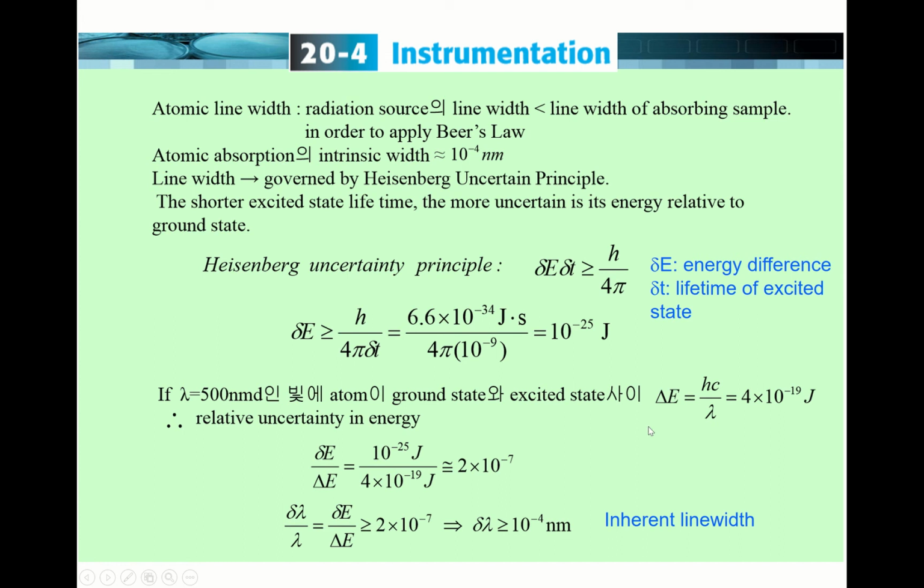Then the energy difference is 4 times 10 to the minus 19 joule. The relative uncertainty in energy is what? We divide this value by the energy difference, then we get 2 times 10 to the minus 7. Wow, very, very small.